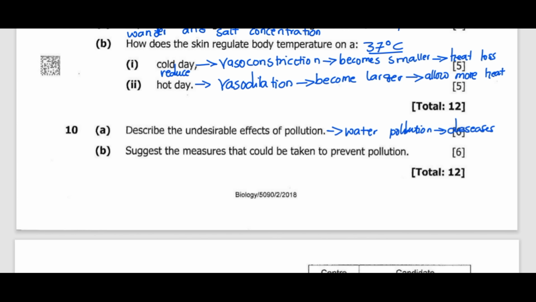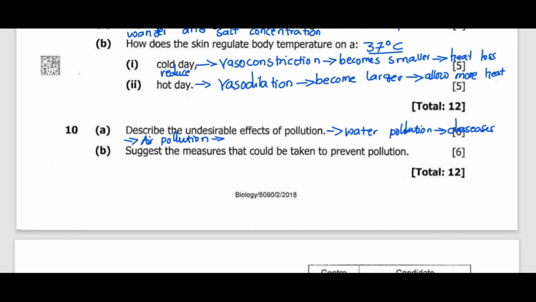Then the other undesirable effect of pollution is air pollution. Now for air pollution, we know the diseases that may result. We may have diseases like most inhalation diseases, like coughing, sneezing, those can be undesirable effects.